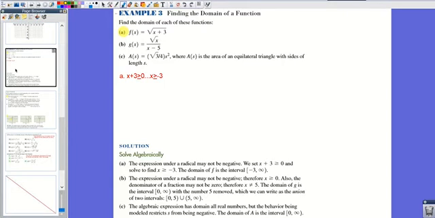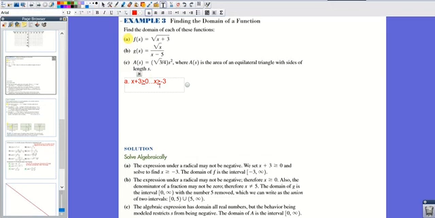Now, if you look at B, remember your VA, your vertical asymptote, or let's just make it even easier, your denominator can never be 0. So what would make your denominator 0?